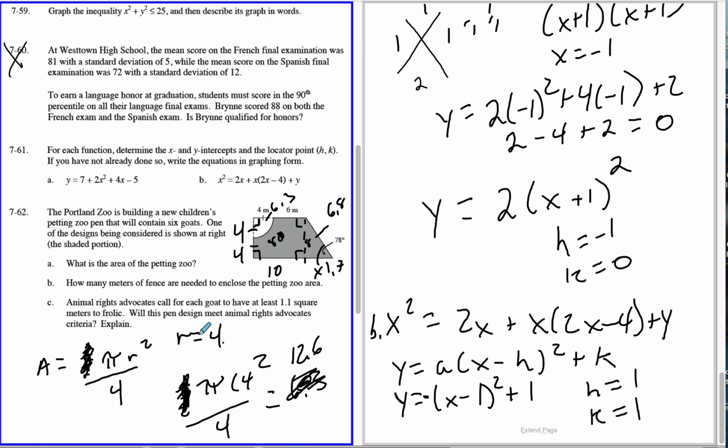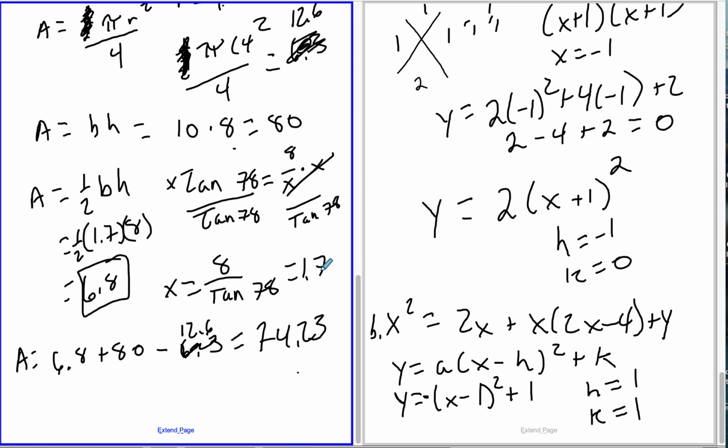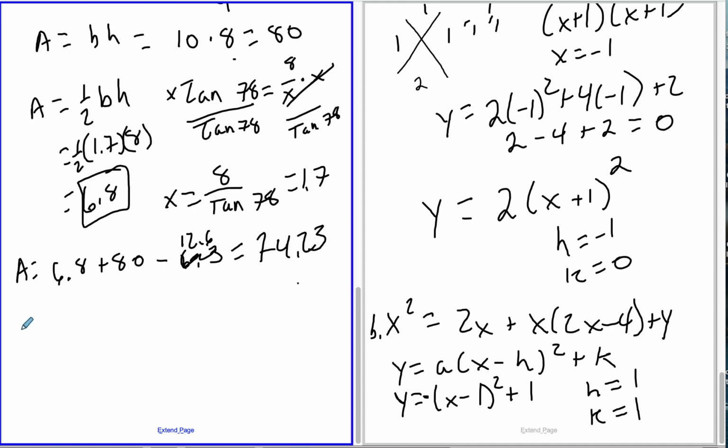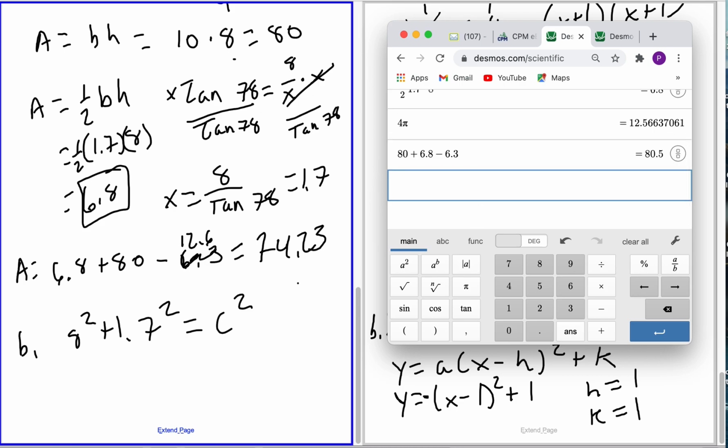Part B says how many meters of fence are enclosed in the petting zoo. So we're missing one other piece for the perimeter. We're missing this side right here. So we need to use the Pythagorean theorem. We have 8 squared plus 1.7 squared equals c squared, which equals 66.89.